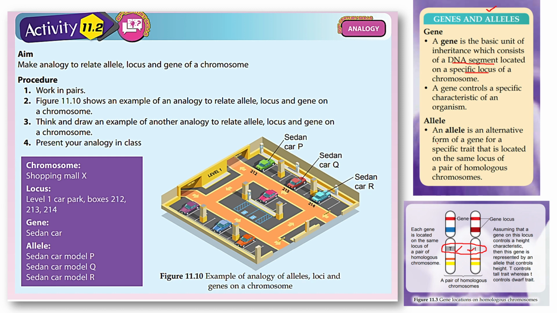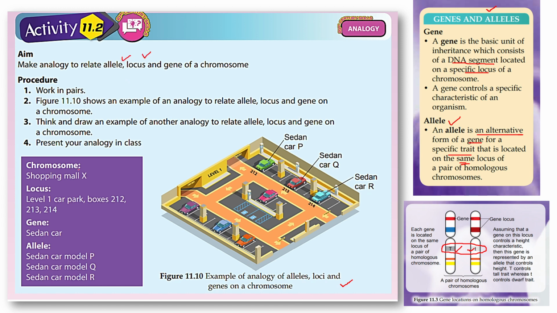So allele, once again to recap, is an alternative form of a gene for a specific trait, and that is located at the same locus of a pair of homologous chromosomes. Activity 11.2 is to make an analogy to relate allele, locus, and gene of chromosomes. You see whether this helps you to understand better the definitions of gene, locus, and also alleles.